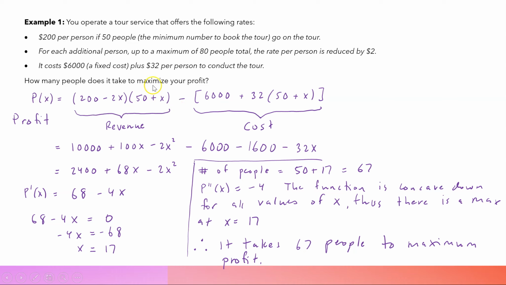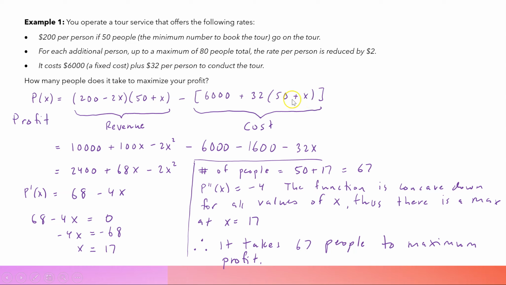Now, to find the profit, you have to take the revenue and subtract the cost. Now, the function for the cost is this function here. So we have a fixed cost of $6,000, and we also have this variable cost here where it's dependent on the number of people.